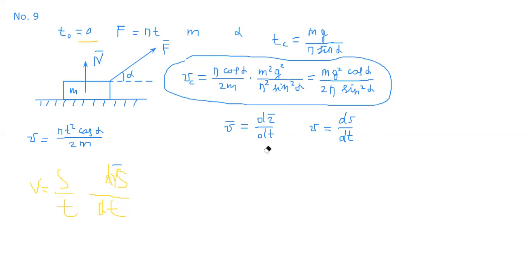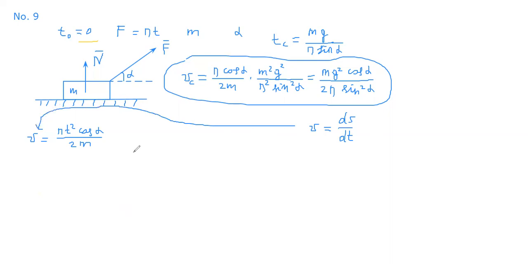So let's do this. Let's make substitution. ds by dt is equal to eta t in second order cos alpha divided by 2m.